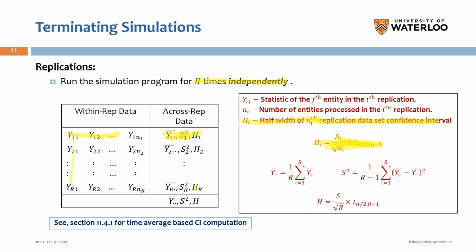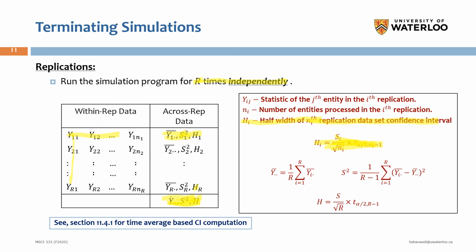And in total, over all the replications, we can calculate y bar point point, which will be the average over all the replications, the sample variance, and H as the half width of the confidence interval.